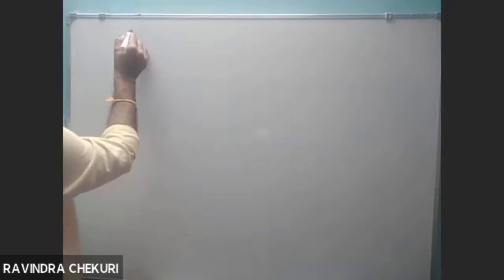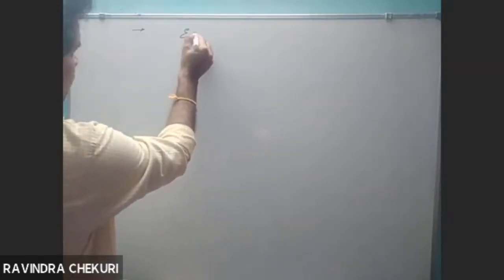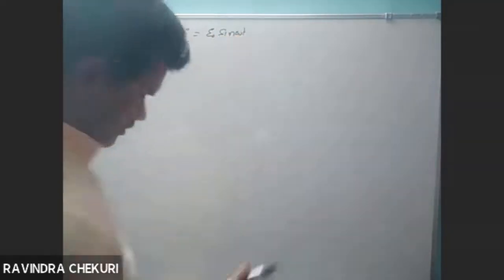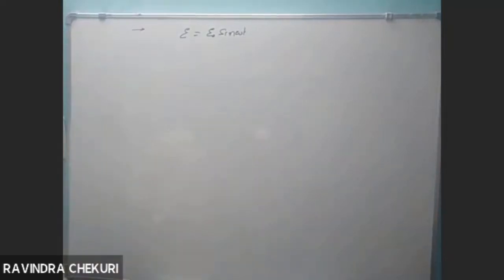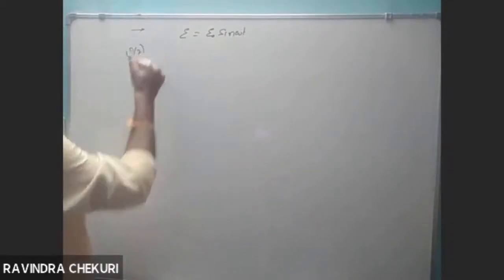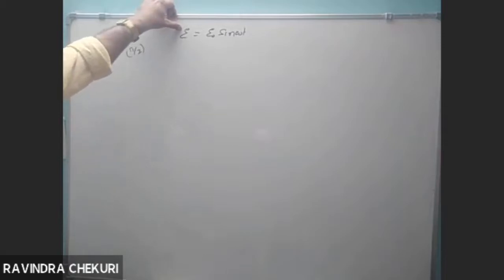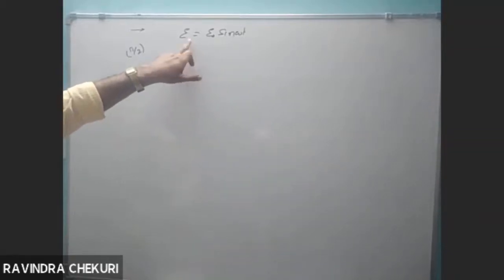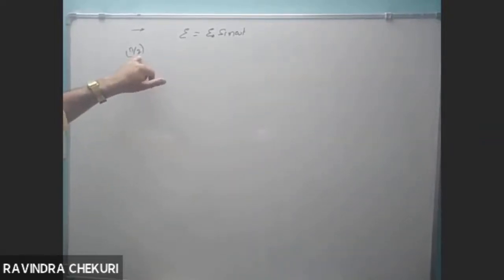Next one. Two AC generators produce two waves of voltage E0 into sin omega t, of the same amplitude, but the phase difference between these two waves is pi by 2.